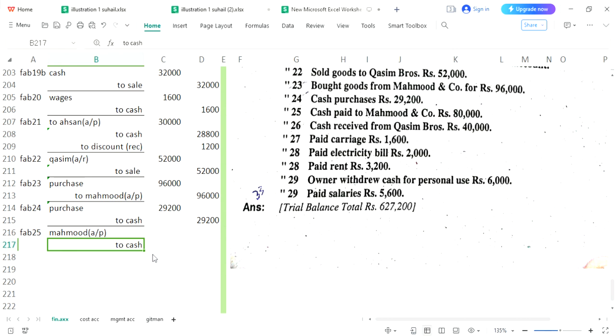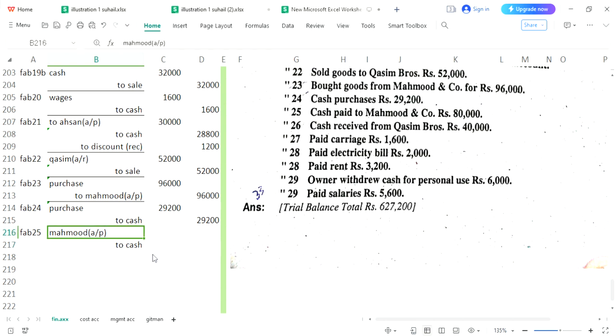Though you have an idea that account payables are liabilities and liabilities should be mentioned on the credit side, why have we written Mahmood on the debit side in spite of the fact that he was a liability? Since after payment he was no more our liability, the liability was decreased. That is why you are mentioning it on the opposite side, debit.